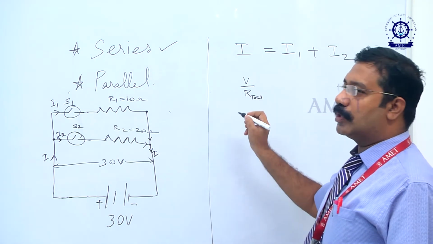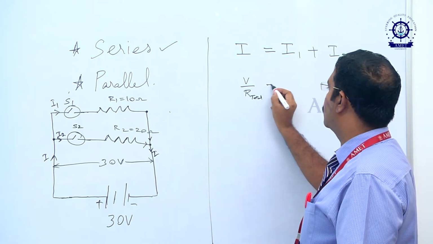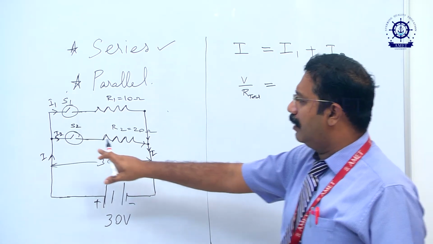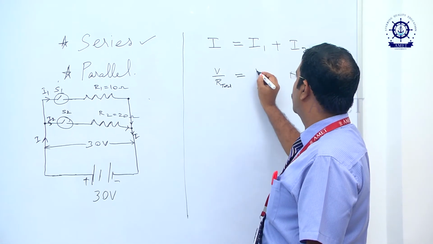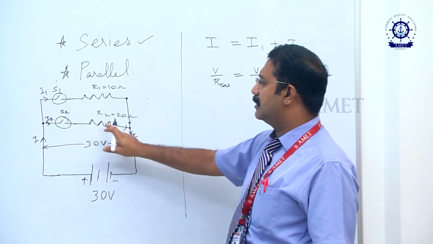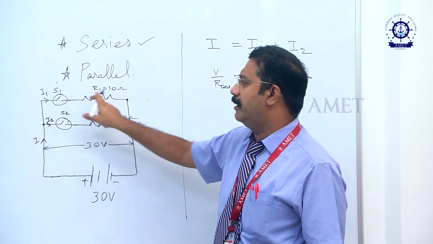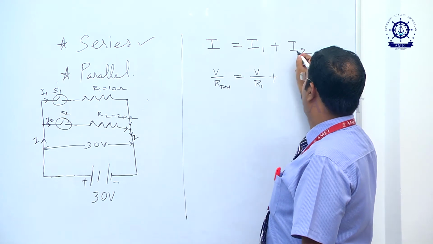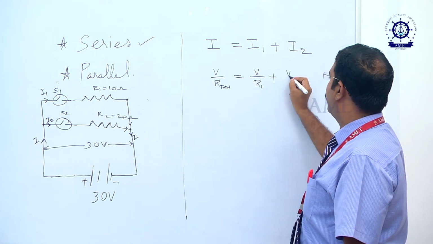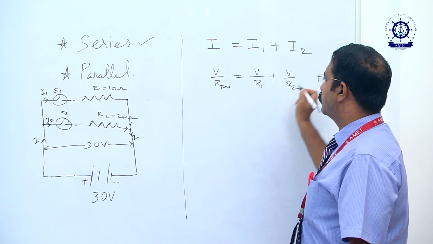For I1, the voltage remains the same, so what will be the resistance? R1 will be the resistance. Therefore, for current I2 it will be V by R2.